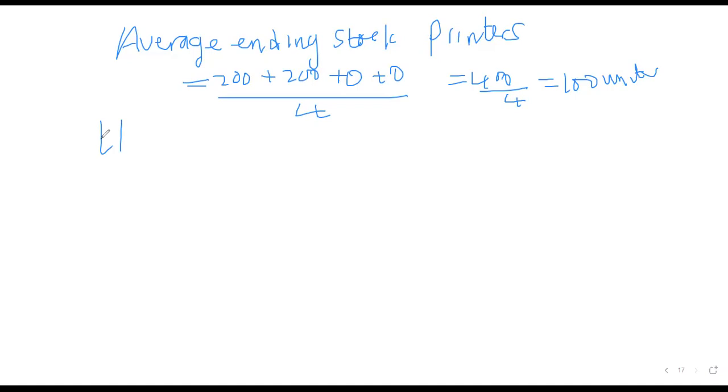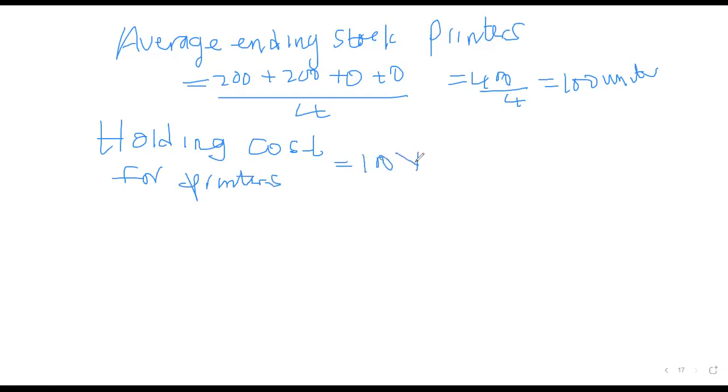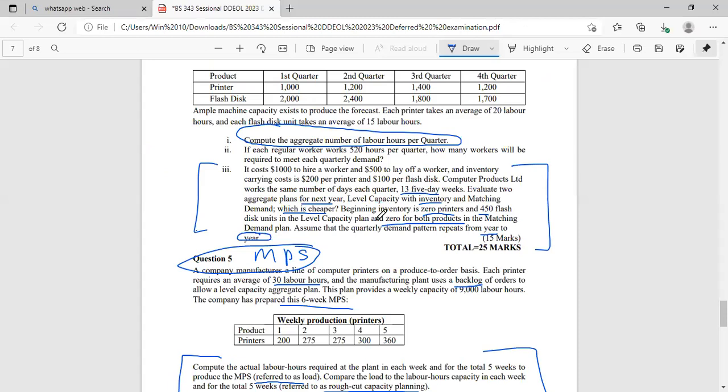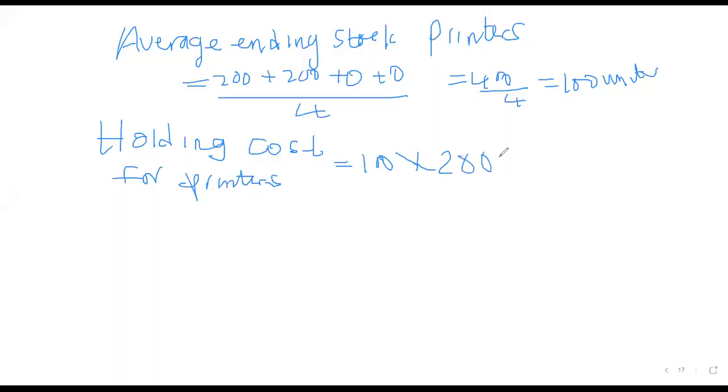So the holding cost for printers is 100 multiplied by the inventory carrying cost, which is 200. So the cost of holding printers is 100 times 200, which is 20,000.